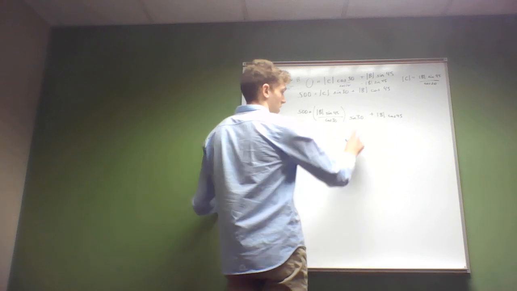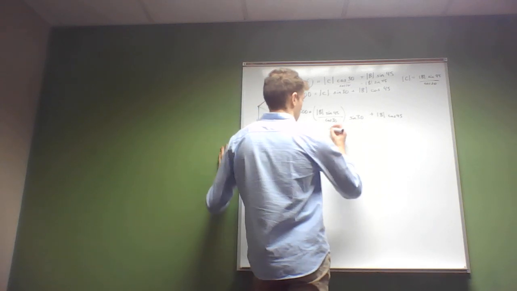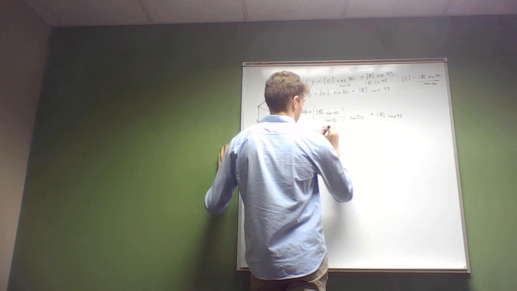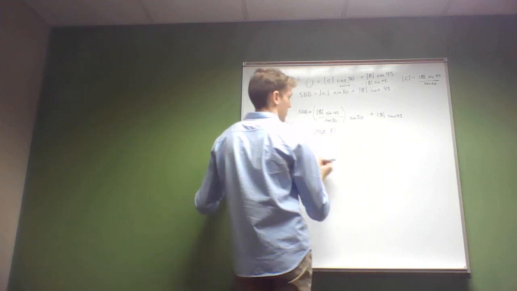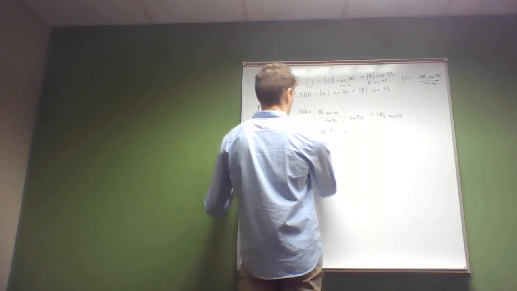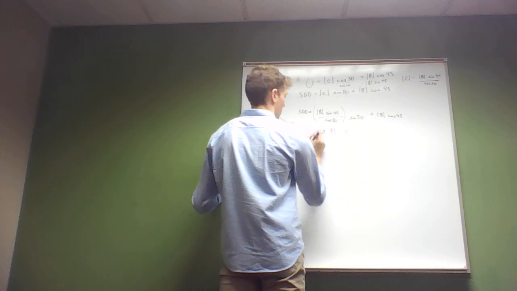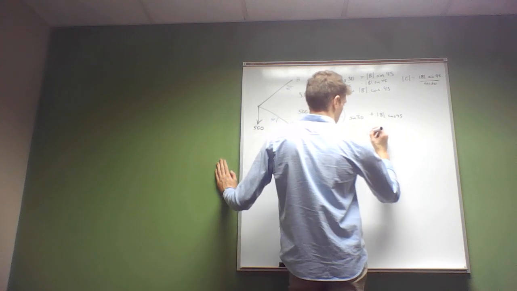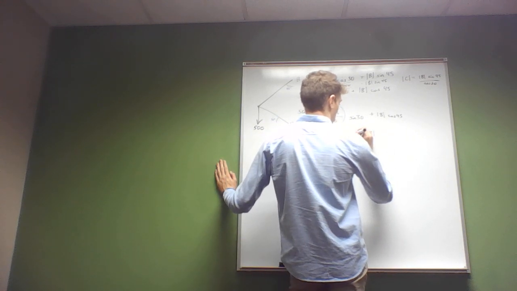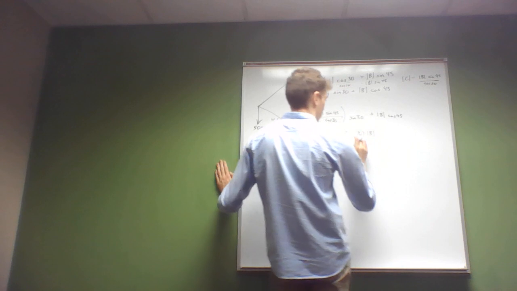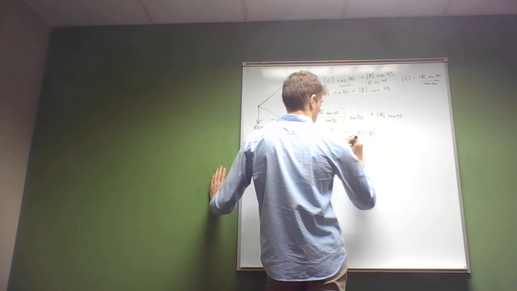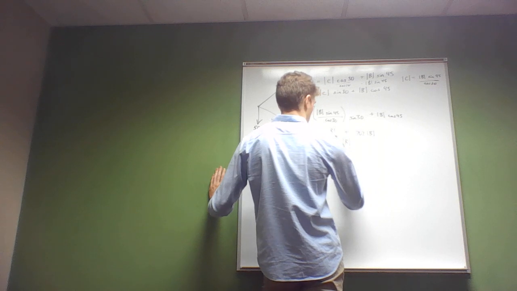Times sine 30 is 0.408. Cosine of 45 is 0.707, and 0.707 plus 0.408 is 1.12.